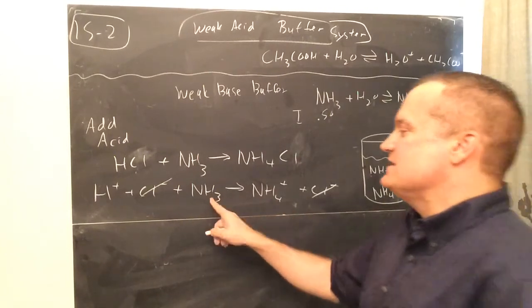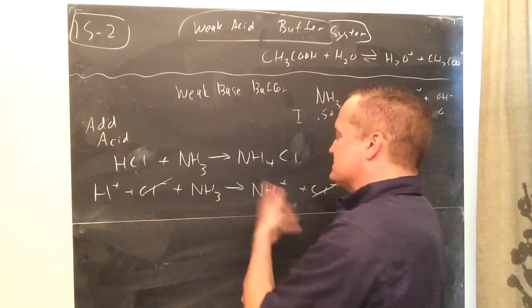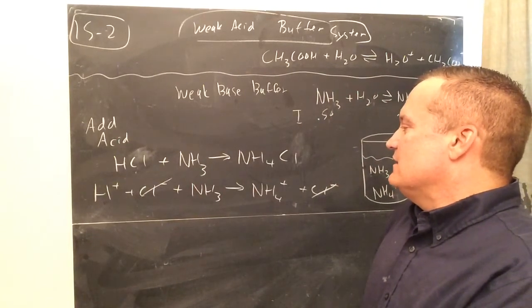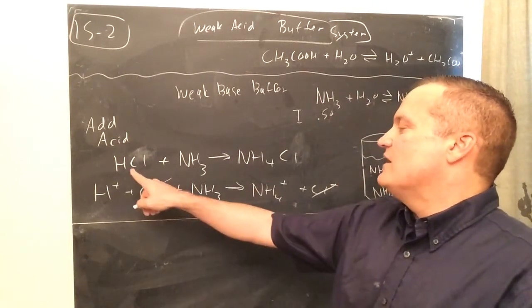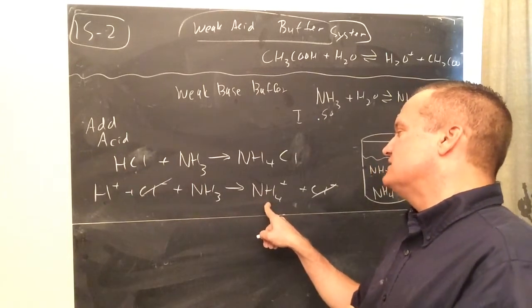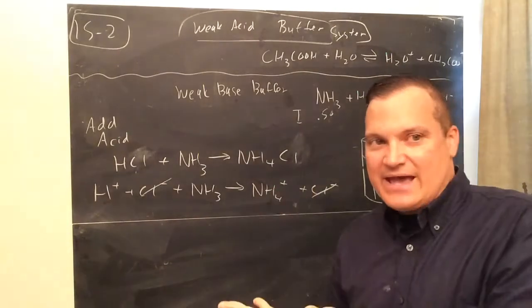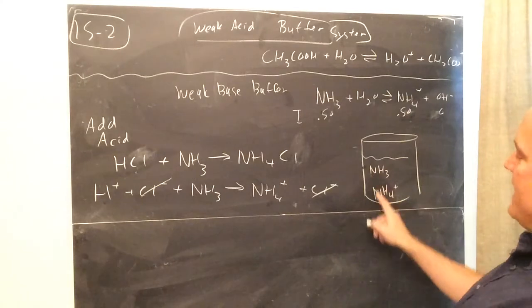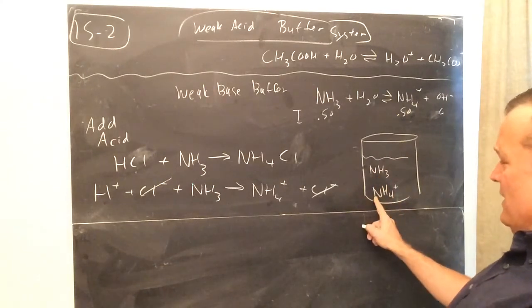Weak bases receive the proton. Notice that instead of having the strong acid, now you only have this weak conjugate acid resulting. So if you add acid to this system, then the base of these two will react with it.